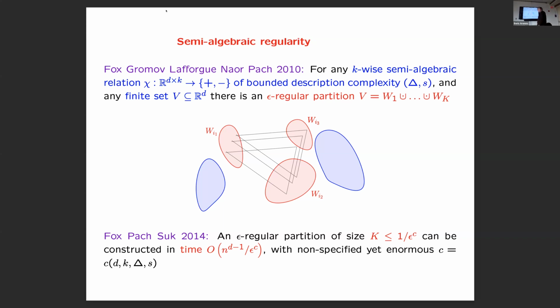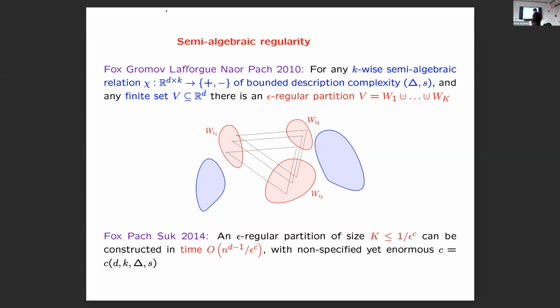And originally its size was enormous, and it was subsequently improved to polynomial by Fox, Pach, and Suk. So they obtained what was called a polynomial regularity lemma.